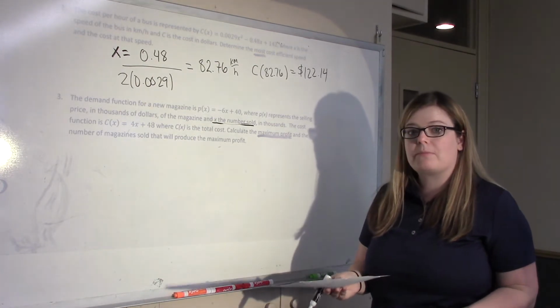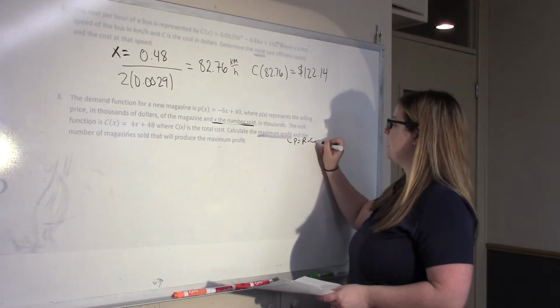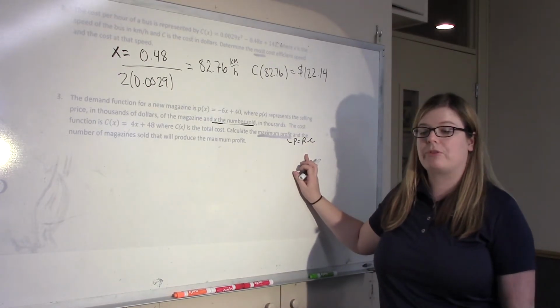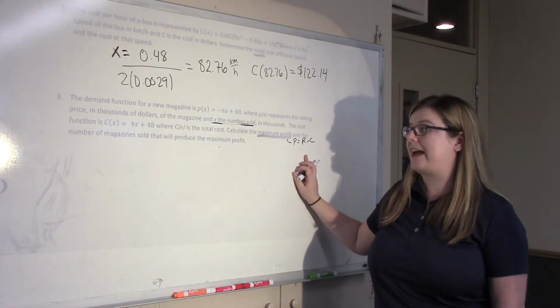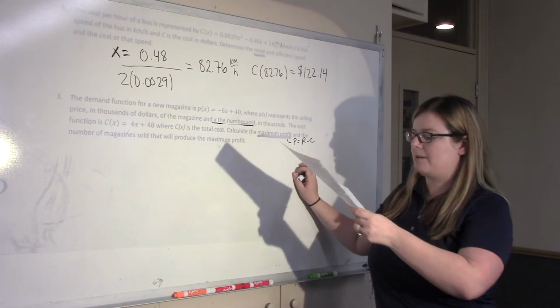To come up with maximum profit, remember, profit is revenue minus cost. We need to first come up with the revenue function, because we're not actually given the revenue function. We were given the price function and the number sold.